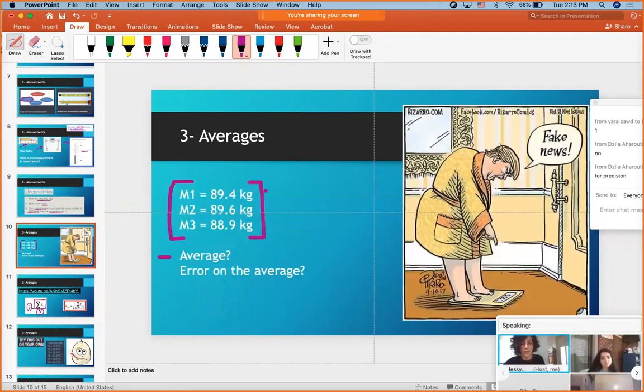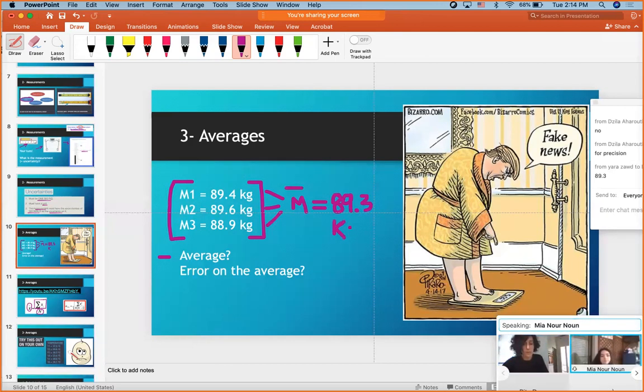I suppose you have a calculator, can you tell me the answer for m bar? Probably 89.3. And the unit is kilograms.